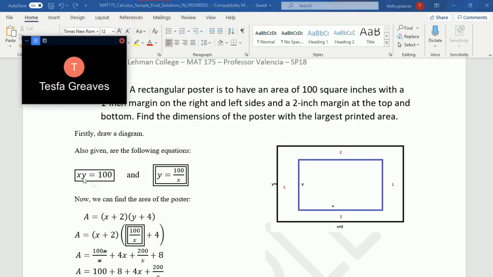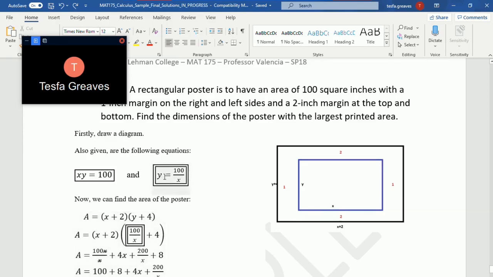So you have your area, which we found. X times Y is equal to 100, and we're able to identify Y is equal to 100 over X. We used our constraints. These are known as our constraints. This is very important, that concept of a constraint.